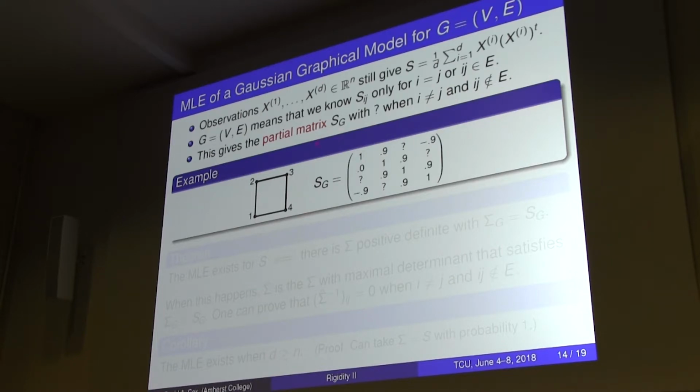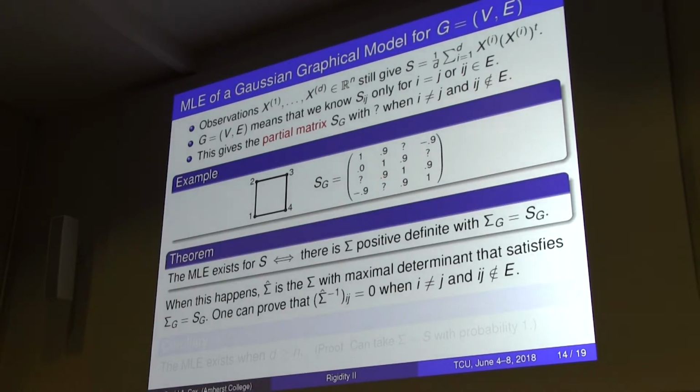If this was my graph, then 1, 3, and 2, 4 are the missing ones, and that's these entries. Philosophically, this is what I have, and I don't really know much about what's going on here.